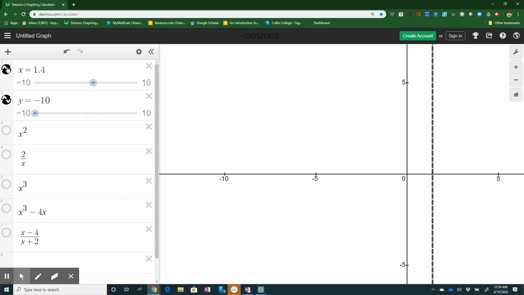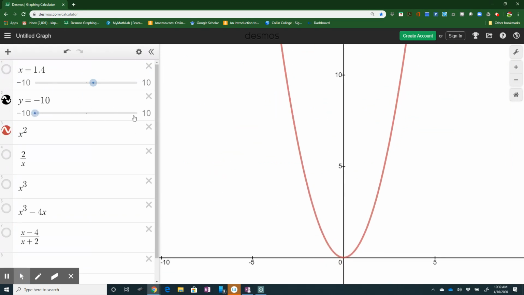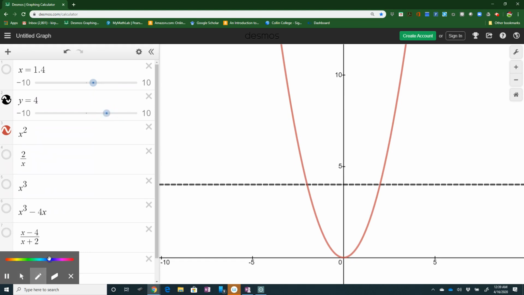Okay, so let me turn this off. So if we go to x squared, it is not one-to-one because notice it fails the horizontal line test. What we mean here, let me go to a nice happy number, 4. So what we mean here is that there are two x values that do the same thing, namely -2 and 2.